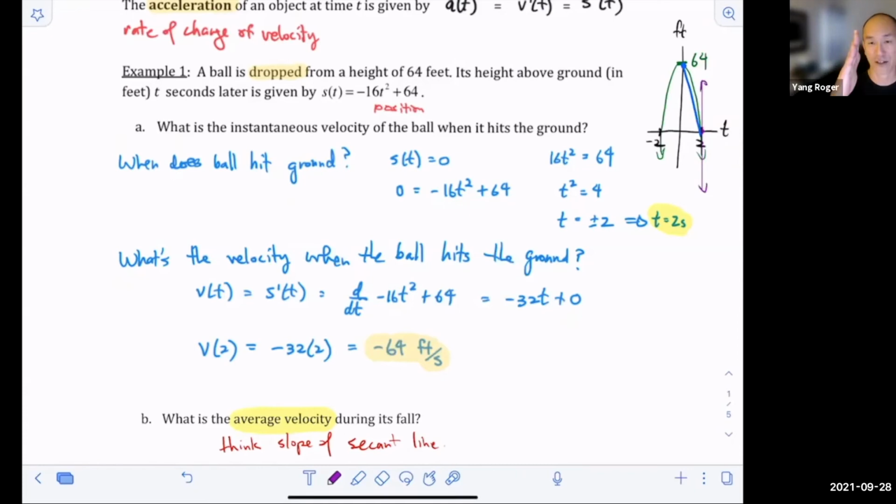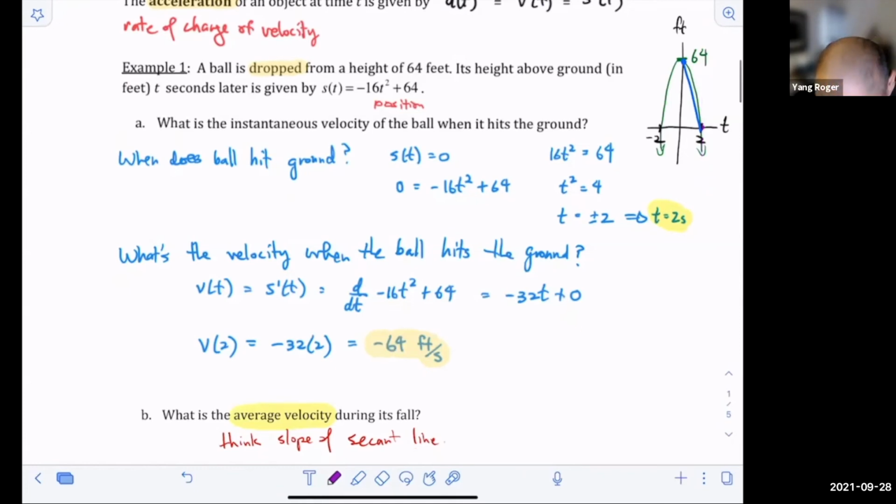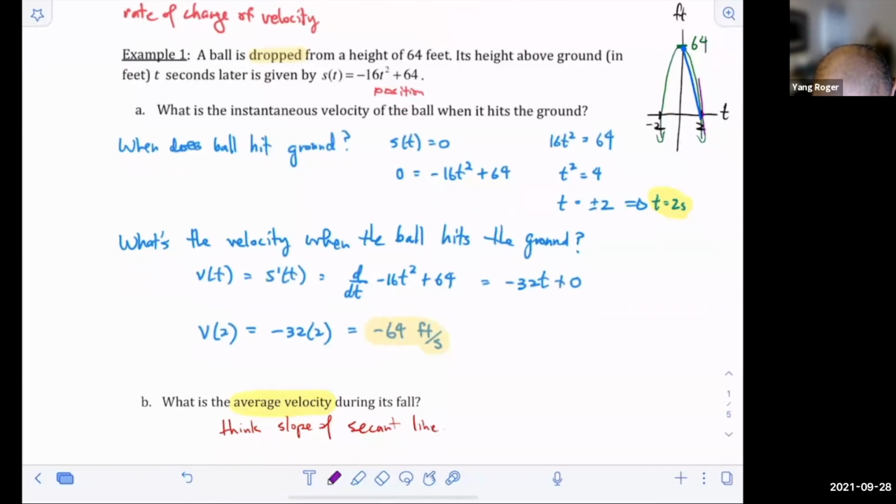It's not that vertical, but it's pretty steep. Sorry, I can't live with that. That's too ugly. That's a little bit better. So you can see the purple line is a little bit steeper than the blue line because it's the instantaneous velocity versus the average velocity.